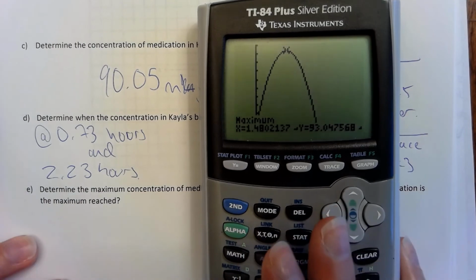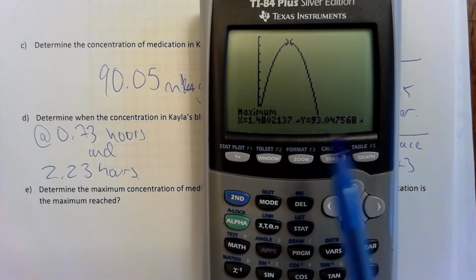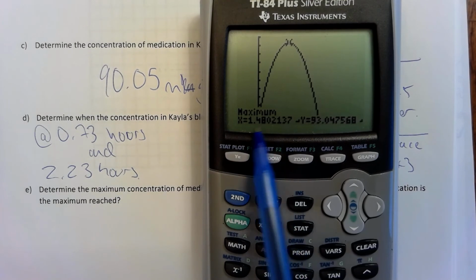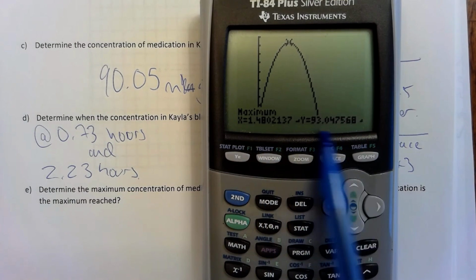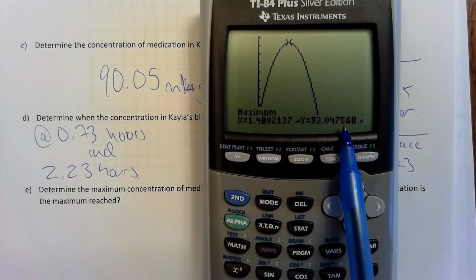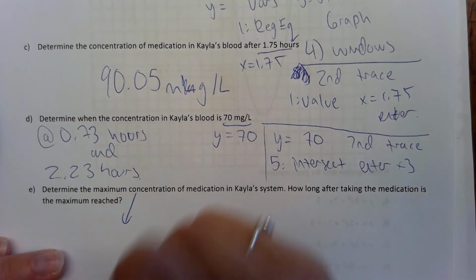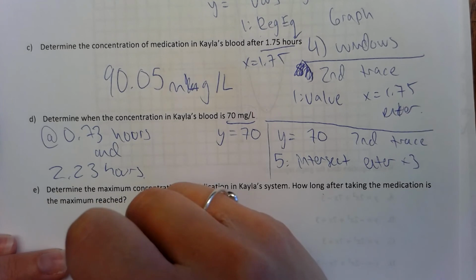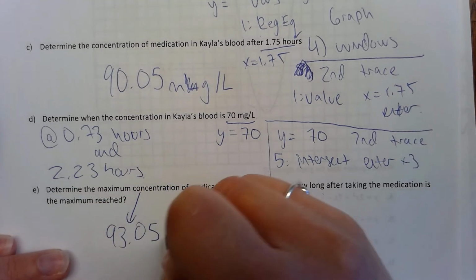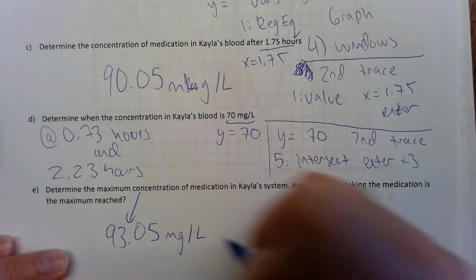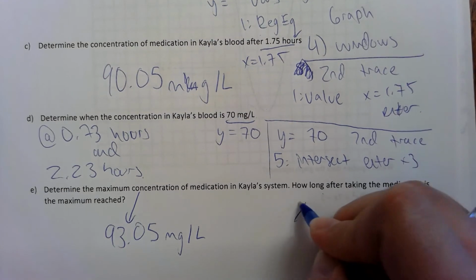So I'm going to write down these values, and I'm going to remind myself that the x value is hours and the y value is concentration. So when I answer my question here, determine the maximum concentration, that's 93.05 milligrams per liter. How long after taking it?